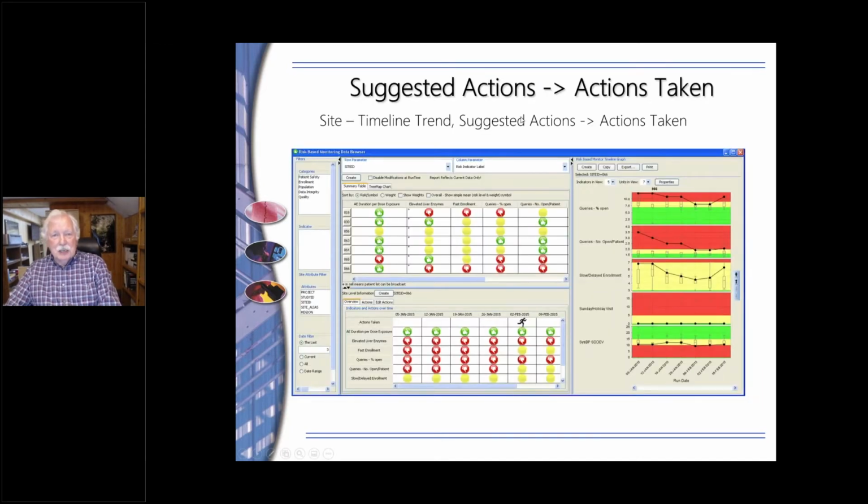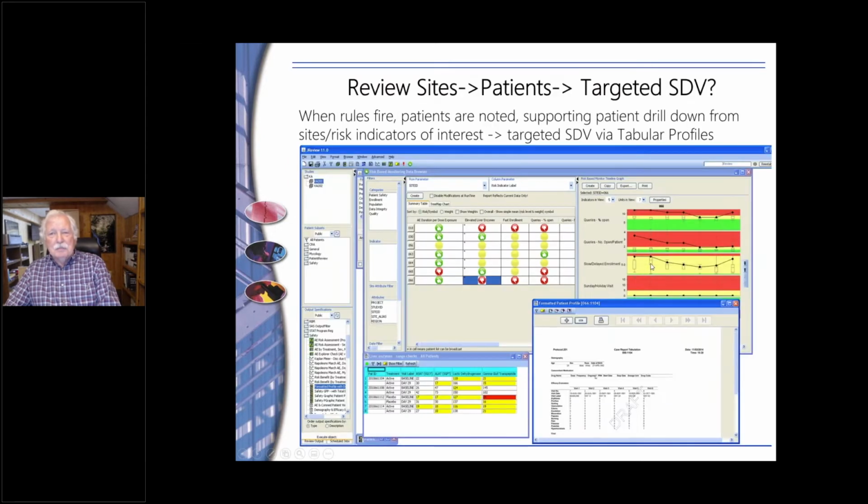So that's all nice, and then to see the actions taken, when they were, and so on.